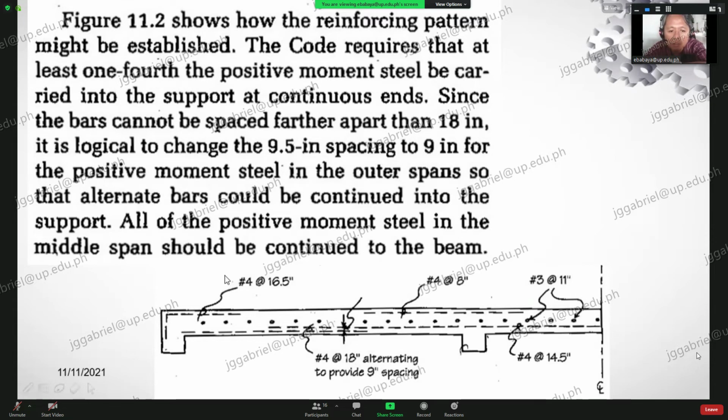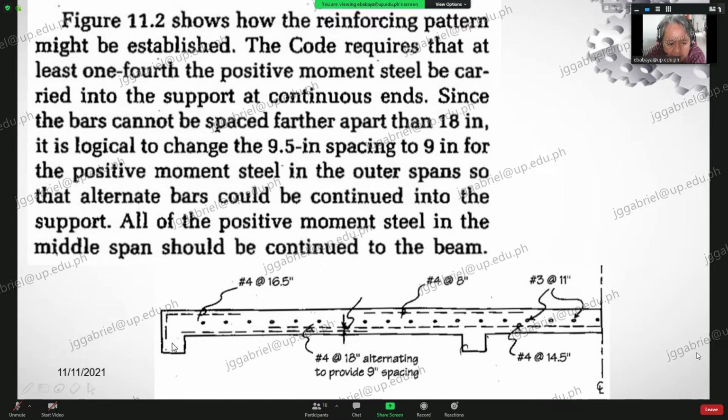You have here at this region, you have number 4 at 16.5. And then for this one, you have number 4 at 18 inches alternating to provide 9 inches spacing. Okay, you will notice this one is referring to this bar here.